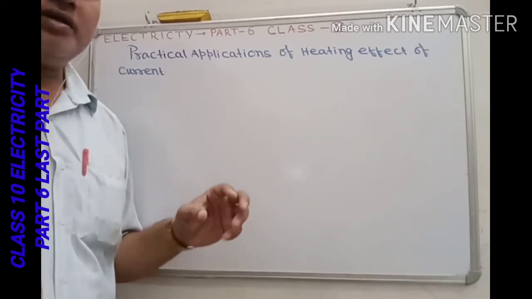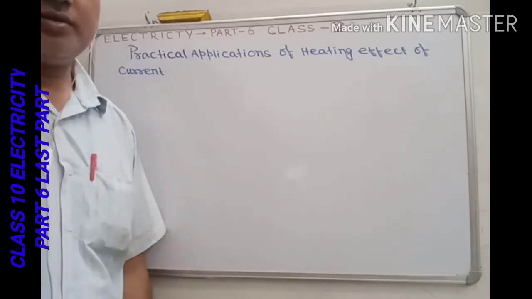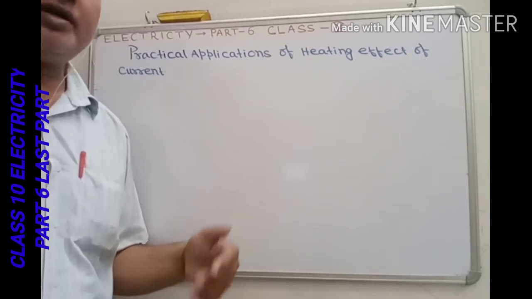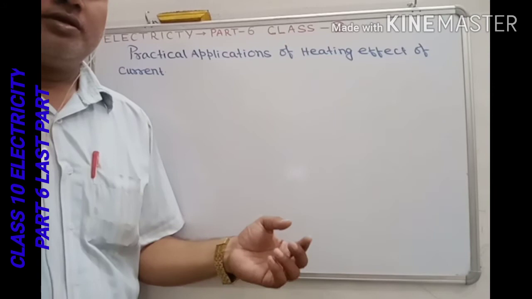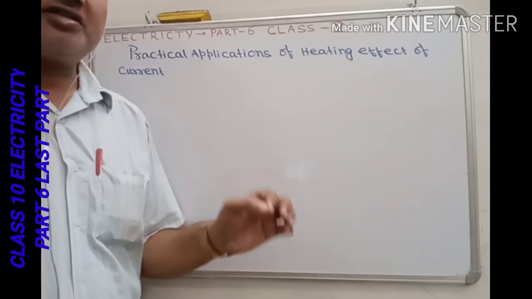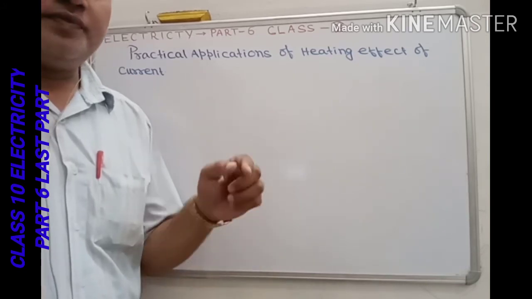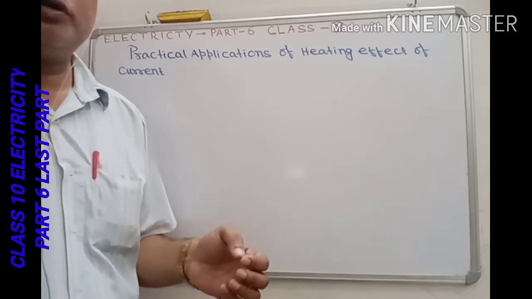When current flows through that bulb, it heats up, and after heating it glows and emits light, because its resistance is very high, and in that heat some metals may also melt.